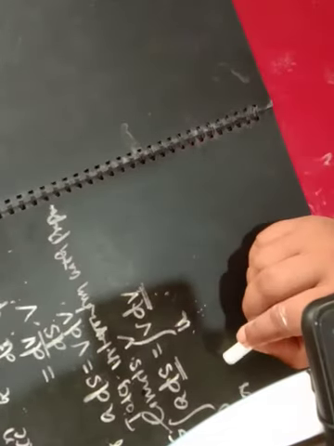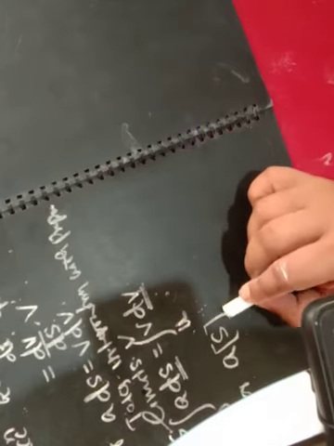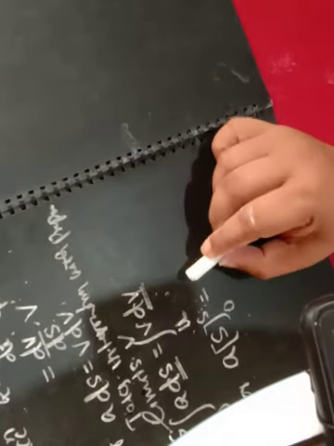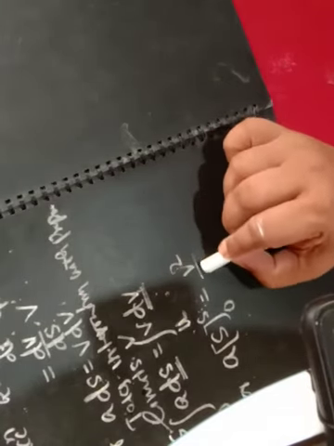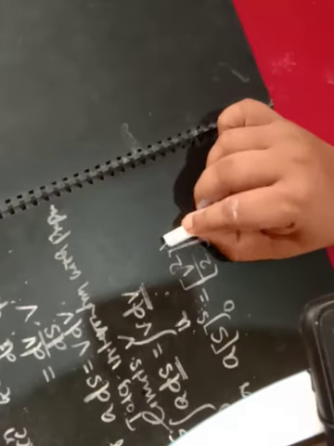Again you take the integration, a will be taken out, that is a times s, and the limit you are taking 0 to s, that is equal to v dv integration, which is v square by 2, limit from u to v.